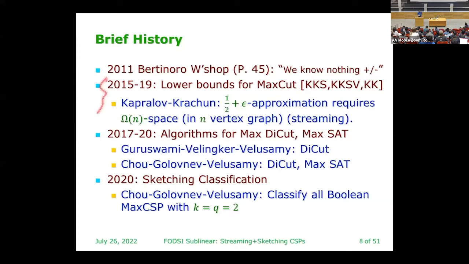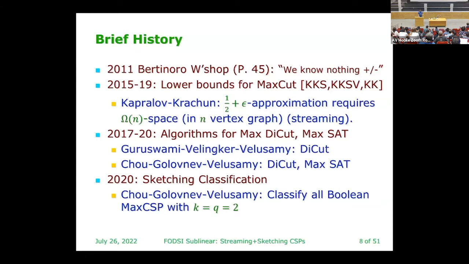In 2015, some work that I did with Sanjeev Khanna and Michael Kapralov, and then further work culminating in a wonderful, really amazing piece of work by Kapralov and Krachun, showed us that getting anything non-trivial for max cut is impossible.